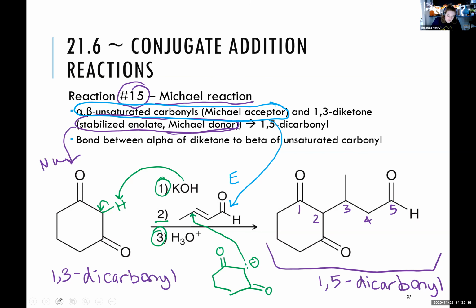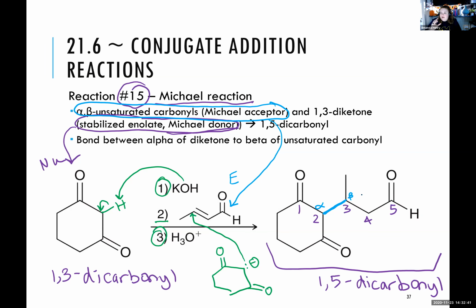The new bond that has formed is this one right here. So we formed a bond between the alpha of our Michael donor and the beta of our Michael acceptor. The only other change that occurred is that double bond is gone as well.